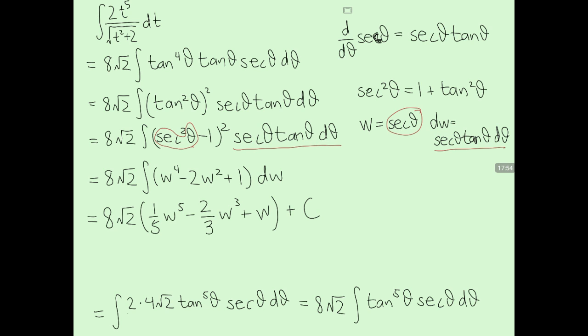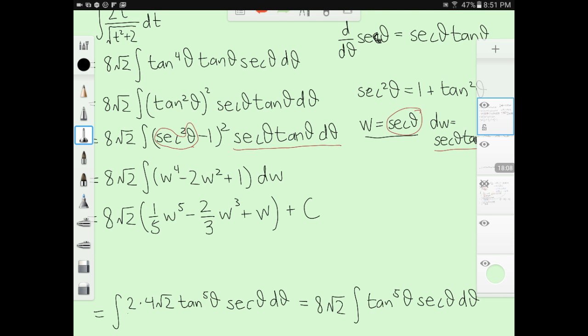So now what we want to do is express our answer in terms of t. But first, w is in terms of secant theta. So let's write everything in terms of secant theta.